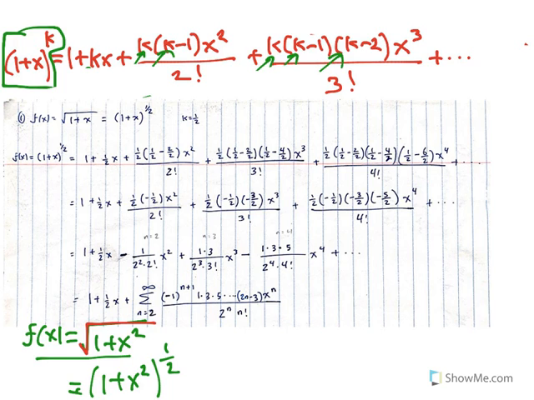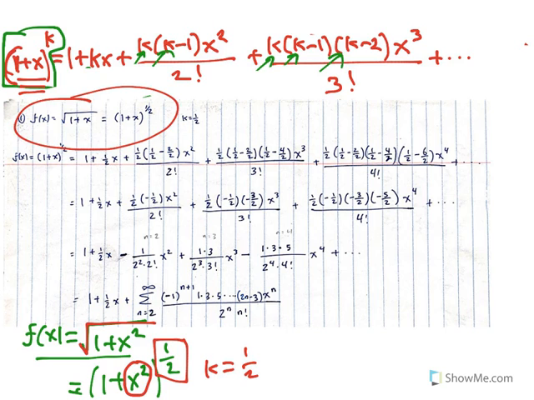So now we have something that fits the form 1 plus x to the k power. We have, instead of 1 plus x, we have 1 plus x squared to the k power, where k is equal to 1/2. And we already took care of this function yesterday, where we had 1 plus x to the 1/2, k was equal to 1/2, and of course, for the binomial series, the function that we derive the binomial series from is 1 plus x to the k.